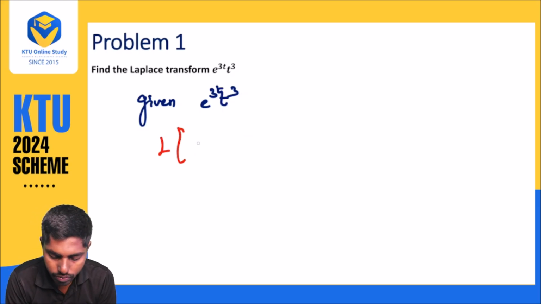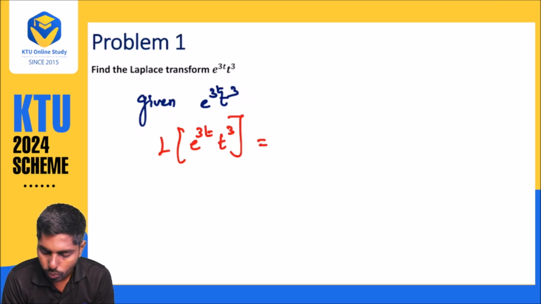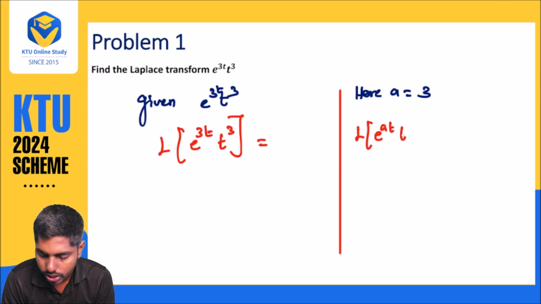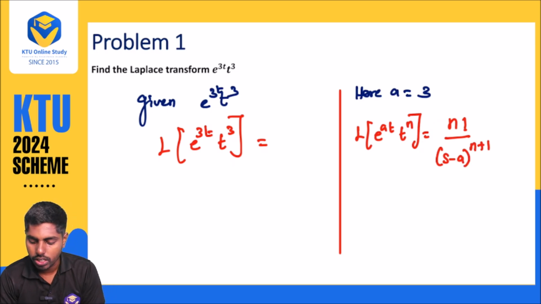So Laplace of e power of 3t into t cube is equal to, what is a here? Here a equals 3. We know the formula: L of e power of at into t power n is n factorial divided by (x minus a) power n plus 1. This is the formula.